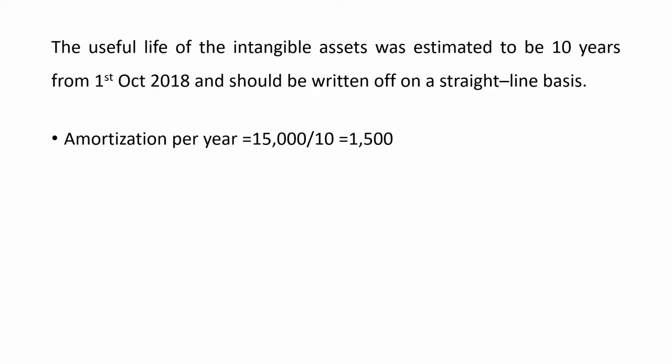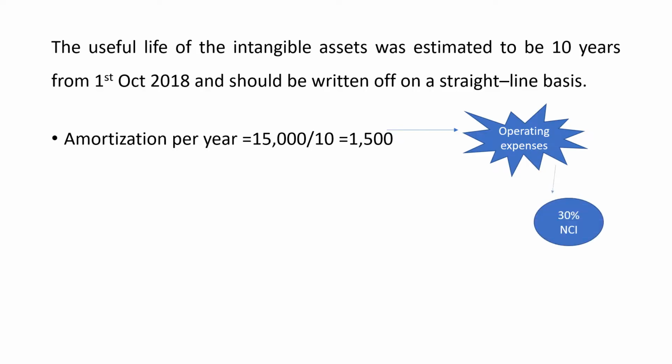Accordingly, the amortization per year is 1,500. Then we are going to consider it under operating expenses. And 30% of this relates to the non-controlling interest.